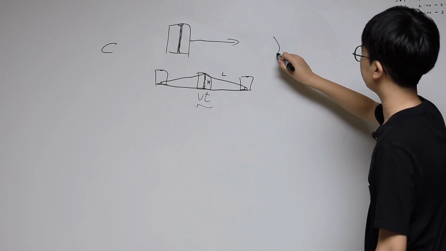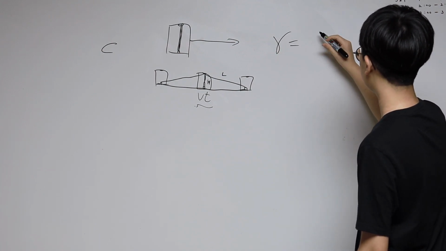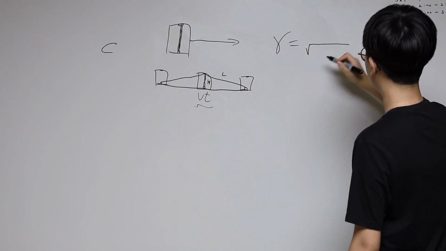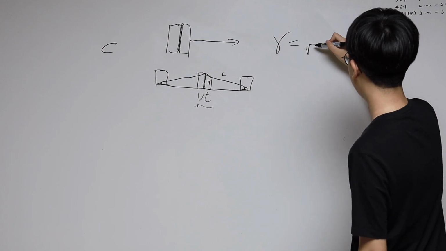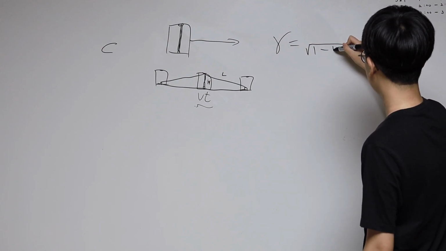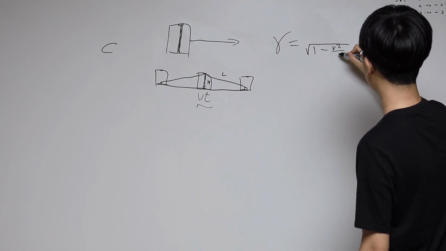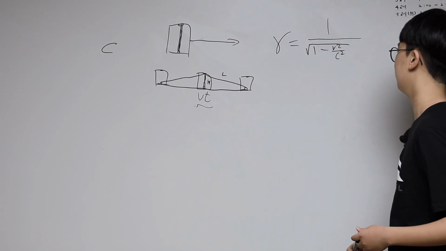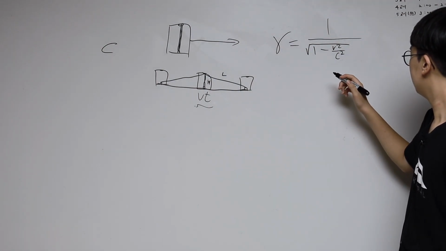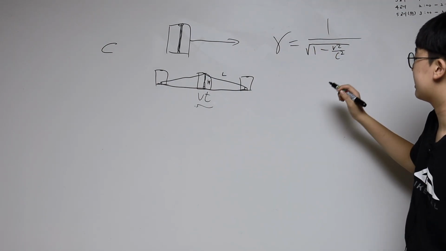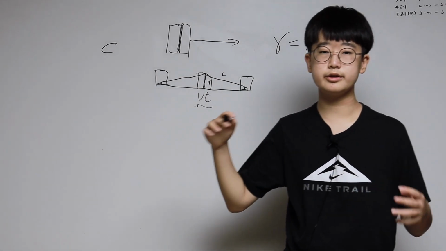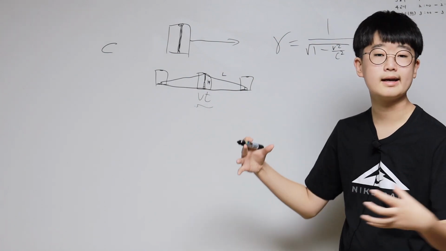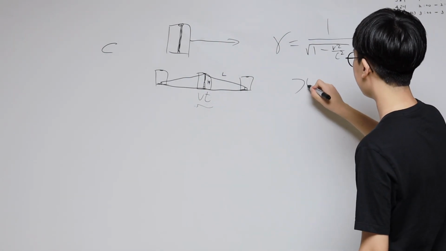Also, there's a thing called gamma, and gamma is the square root of 1 minus v squared over c squared, and 1 over it. And yeah, that's gamma. What I showed you in that video was about length contraction, which is x prime.